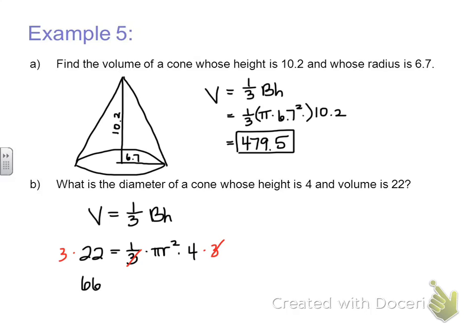So then I'm going to get 66 equals 4 pi r squared. I'm going to divide by 4 pi with my parentheses around that, right, on this side so that my calculator does it correctly. Okay, so what are you guys getting for that part? When you divide 66 by 4 pi in parentheses, what do you get?